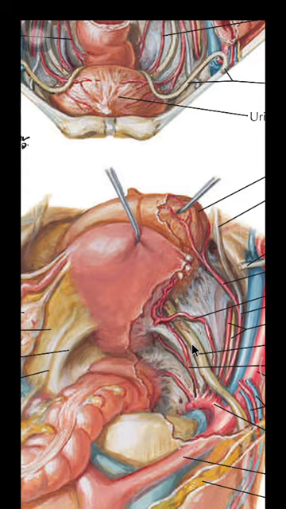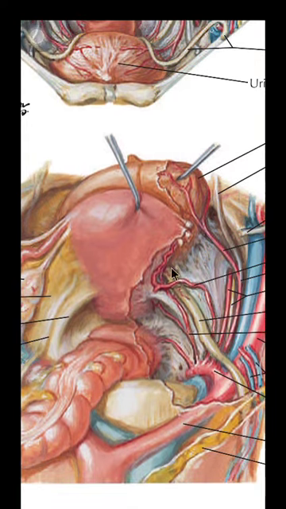You can see the ureter is passing forwards into the bladder. When it passes posterior to anterior, it is related medially to the supravaginal part of the cervix uteri, this region, and further anteriorly you will have the anterior vaginal wall.